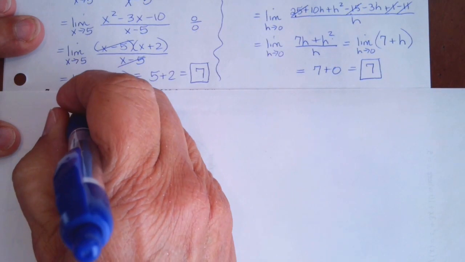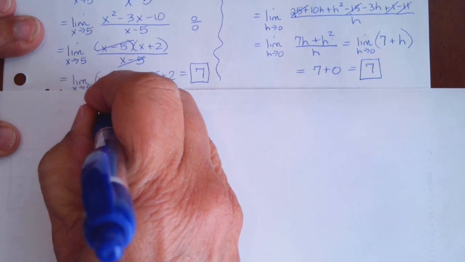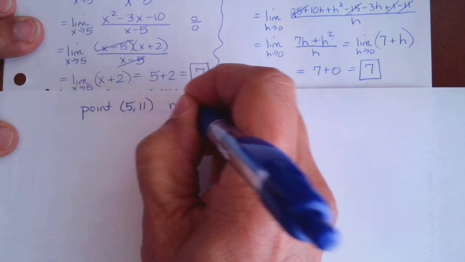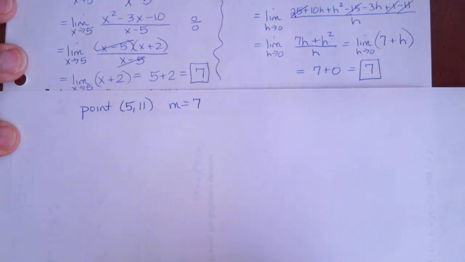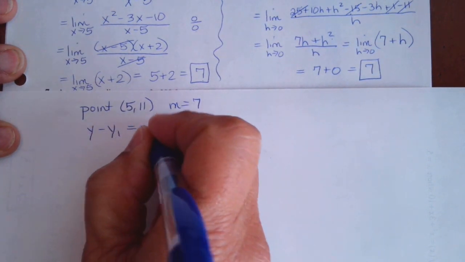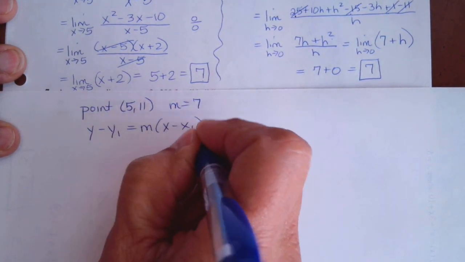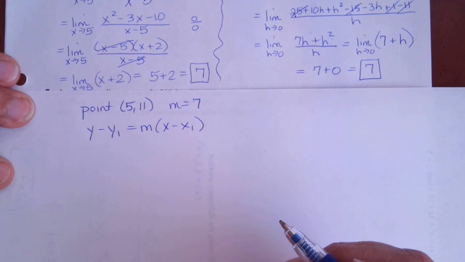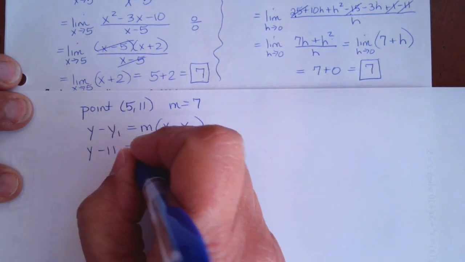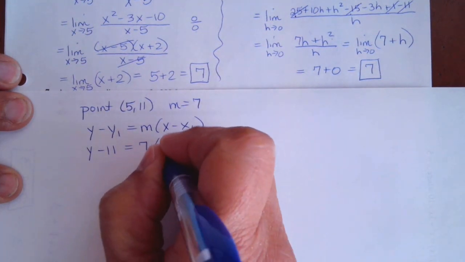Okay, so we have the point, which was 5, 11. We have the slope, either way you found it, which was 7. So now we're just going to do our y minus y1 equals m times x minus x1. Find that equation of the line. So we'll do y minus 11, that's y1. M is 7, and then x minus 5.